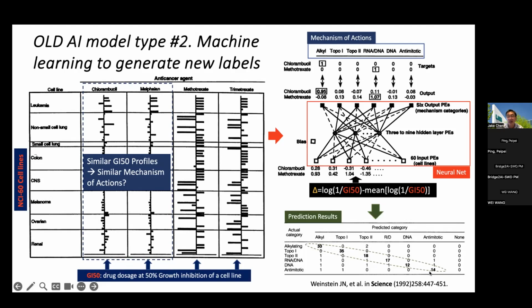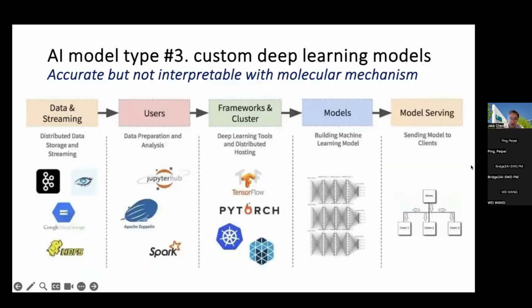So essentially, if you want to generate labels for drug categories, even some of the simple methods would work. Obviously, this model is very common from before large language models came into existence.